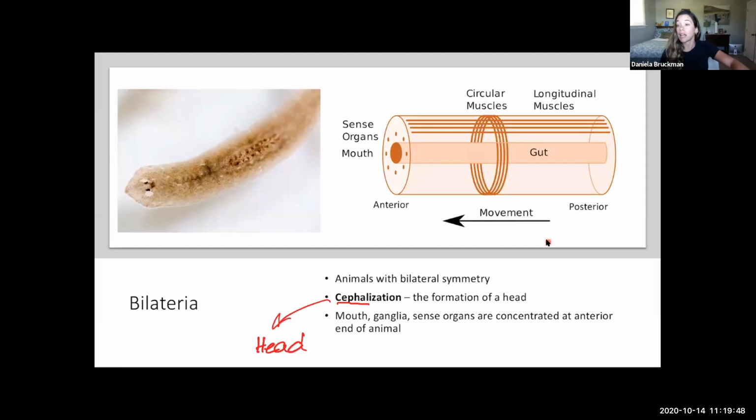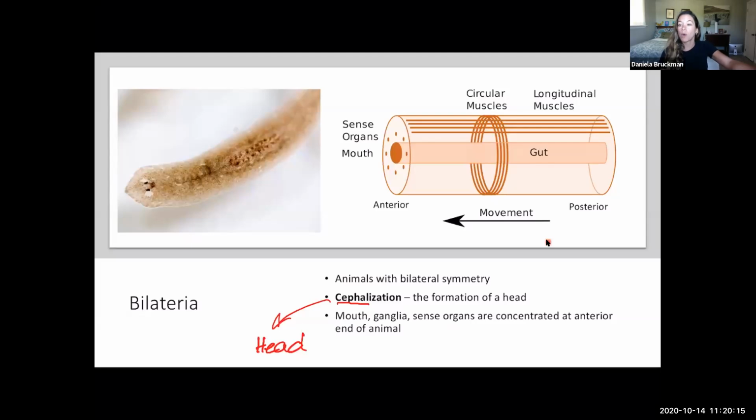So cephalization is literally the formation of a head. And remember that the cnidarians don't have heads, sponges don't have heads, but these bilaterian animals do indeed have heads. And, you know, we kind of take that for granted, having a head. Animals have heads. But why? Why a head, right? Like, why this process of cephalization, and what are the evolutionary advantages of having a head?